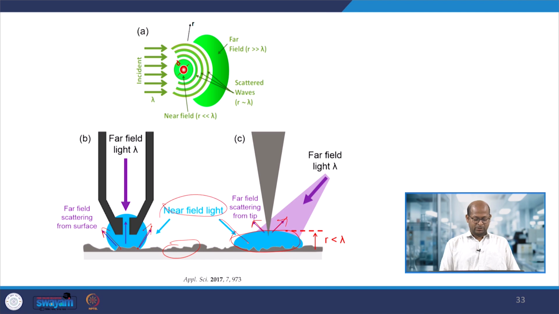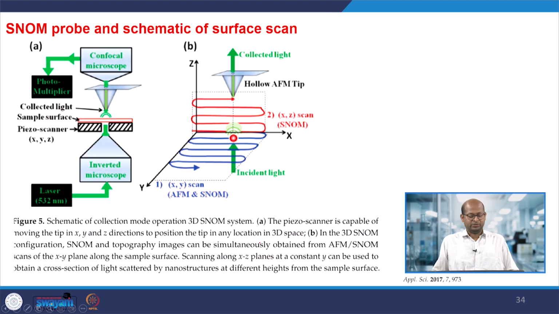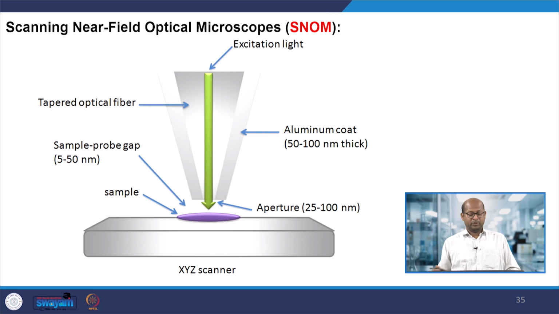Here the surface is rough. When the tip moves from one point to another, the light scattered from the surface disturbs the near field, and at the same time the far field is also disturbed. So that technique is useful to collect sample images.